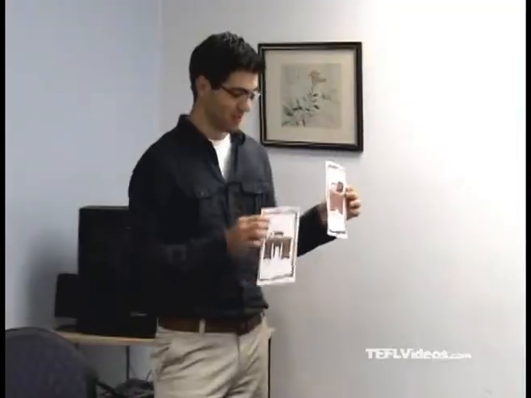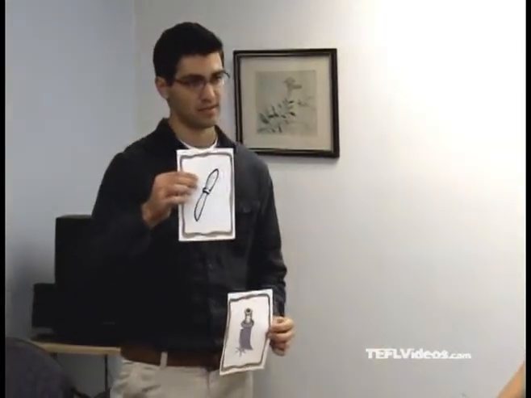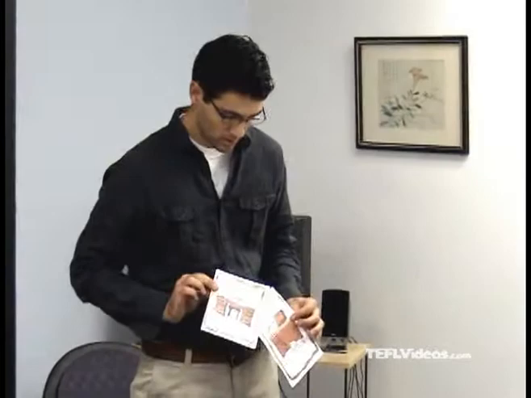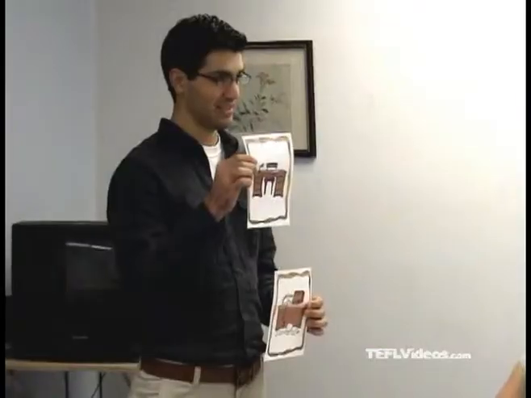This desk is messier than this desk. Messier than this desk. Good. Anelia, what about this knife? This knife is duller than this knife. Than this. Good job. So, Noriko, can you tell me about this desk? This desk is neater than this desk. Good.